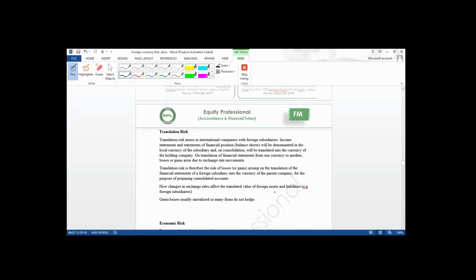Let's take Dangote PLC. Dangote is an international company with parent company in Nigeria, Dangote PLC Nigeria. We now have Dangote Ghana and Dangote South Africa.